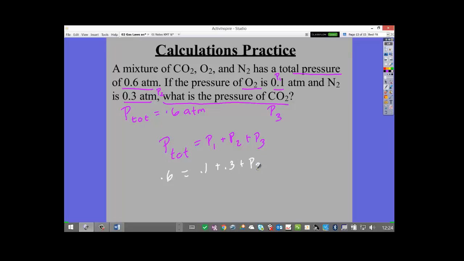I add these two, so I get 0.4 plus P3 equals 0.6. When I subtract that, P3 equals 0.2. I am subtracting here because it's an addition on this side. If it were multiplying, I would be dividing, okay?